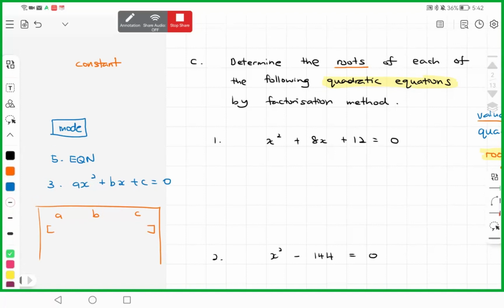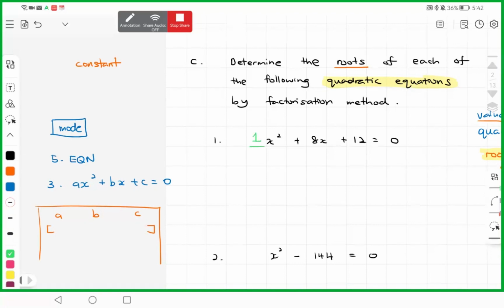So look at the equation here: x squared plus 8x plus 12 equal to 0. What is the number before x squared? It's not 0 because when you multiply with 0, you get 0. So the number here is 1.